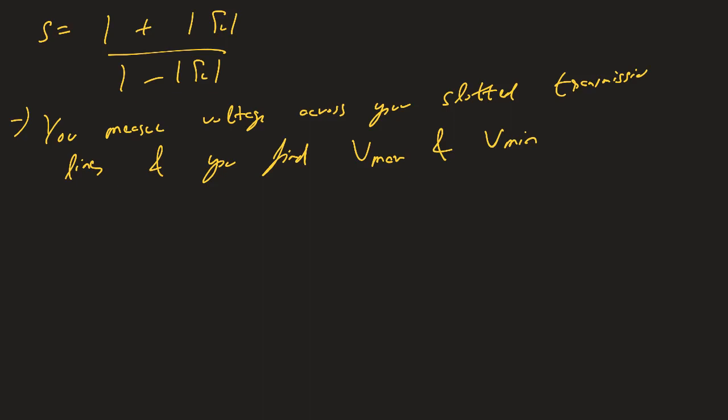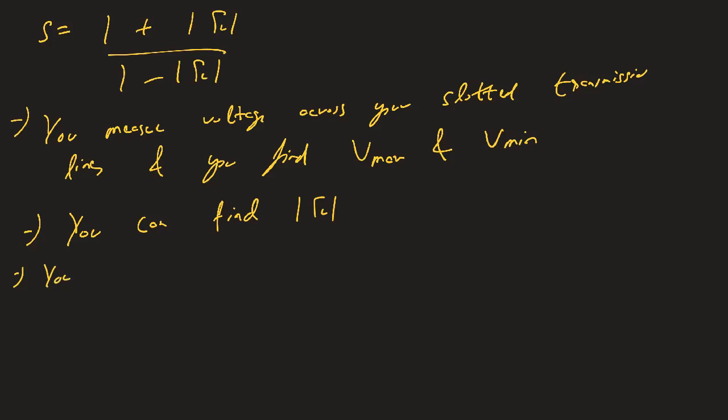Once you find Vmax and Vmin, you can find the amplitude of gamma L. So this allows you to find mod gamma L. So once you have the mod gamma, then all you need is phi.